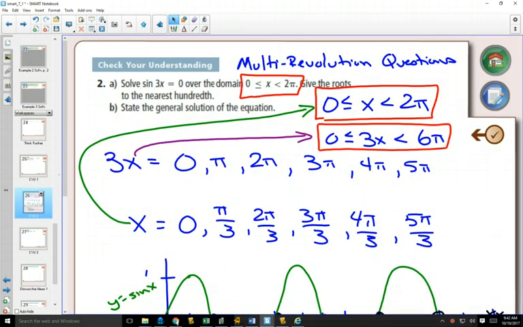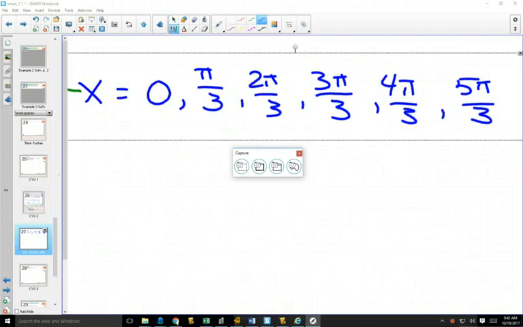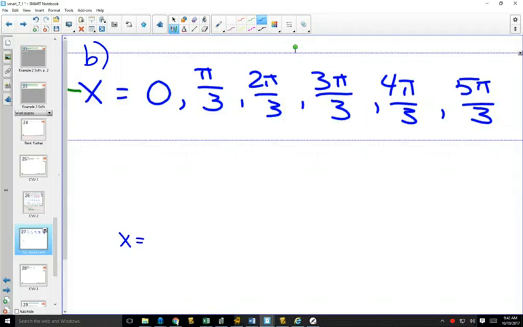So for part B, I'm going to just take a picture of our, we already figured out, we already have solved between 0 and 2 pi in part A. So in part B, when we go to write all of our solutions, we can go x equals, and here's our new format, this big squiggly bracket here.